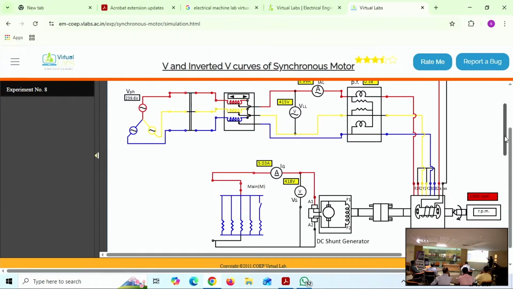By conducting this experiment, we will know at what range the motor can be operated, the safe range, and what is the optimum value of field excitation such that for minimum armature current, the power factor will be unity. Ultimately, our objective is to achieve unity power factor, right? By changing this excitation. That is the theory behind this, what we have learned.